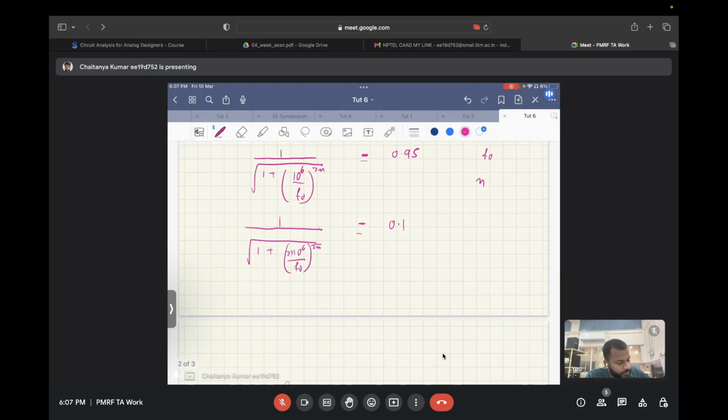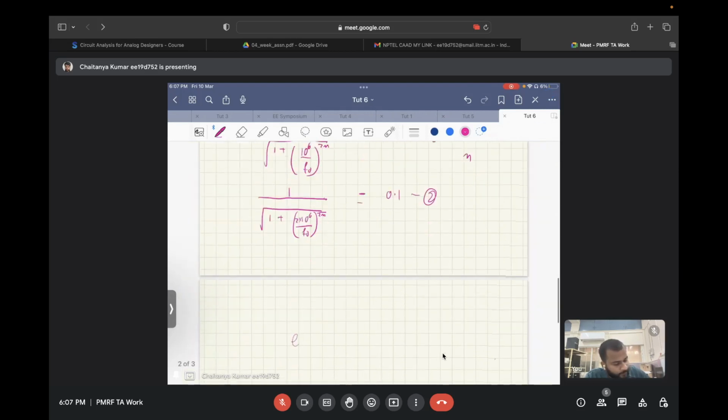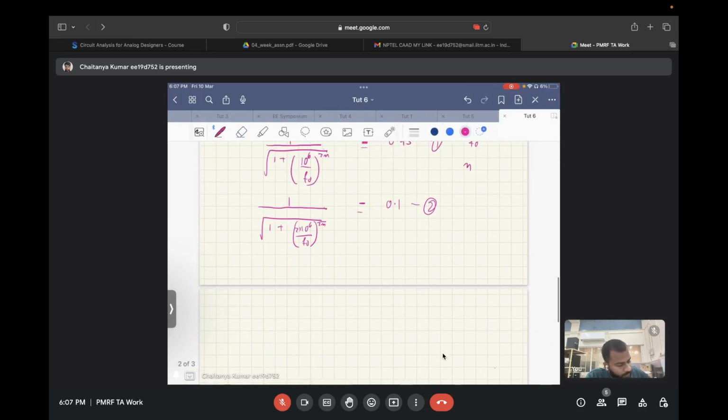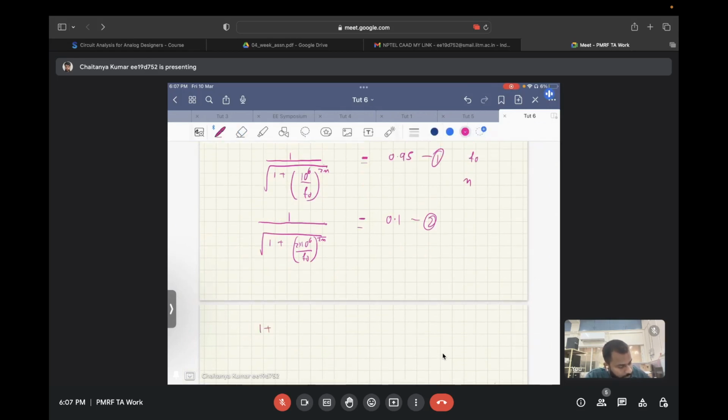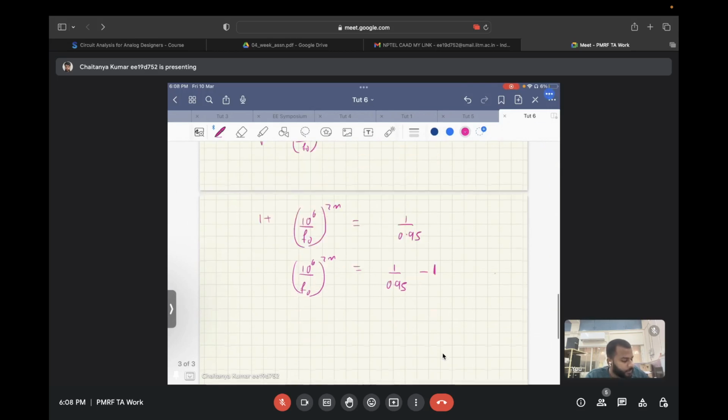What we have from here is, the first part is 1 plus 10 to the power 6 upon f naught to the power 2n is equal to 1 upon 0.95, correct? Yes, sir. And so 10 to the power 6 by f naught to the power 2n is equal to 1 upon 0.95 minus 1.